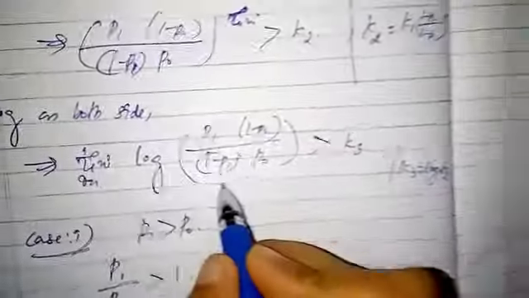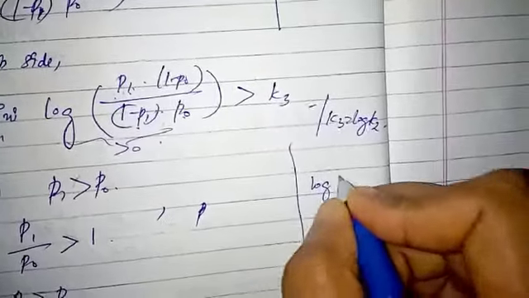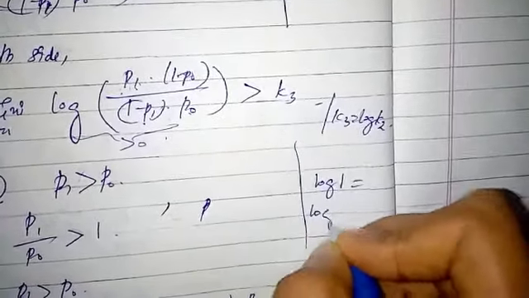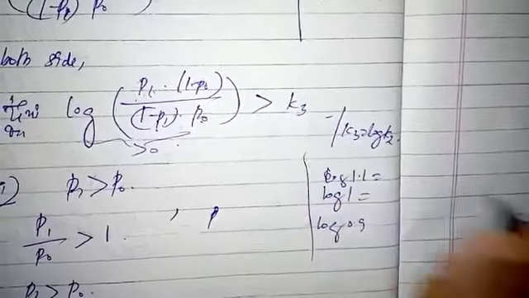So it implies that this term, log, see what is the value when log 1, what is the value when log 0.9, what is the value when log 1.1?